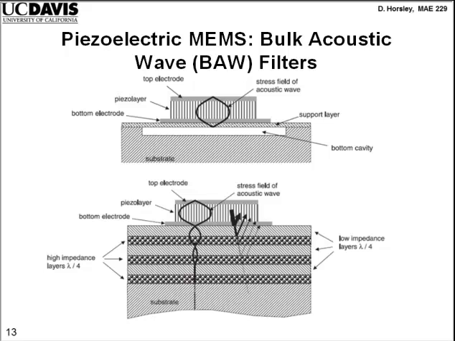They're called bulk acoustic wave filters because they are acoustic waves, vibrational waves that occur in the bulk of a piezo material. And so this top picture is showing one of these devices.